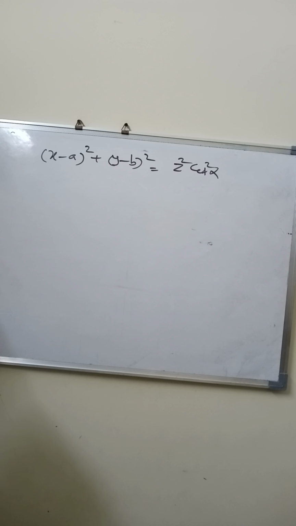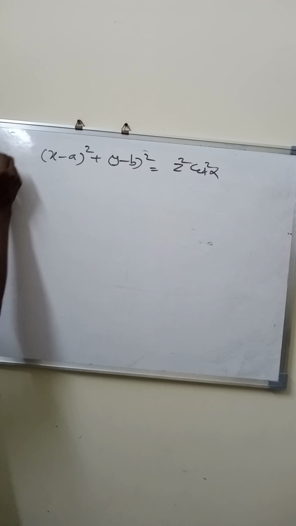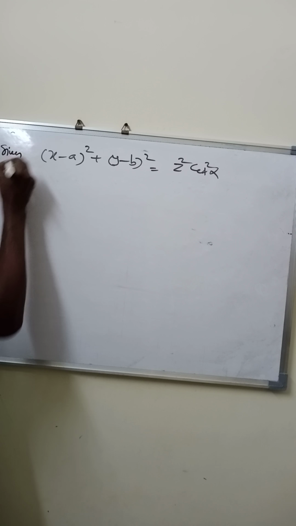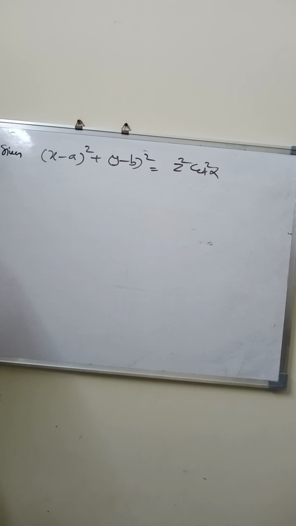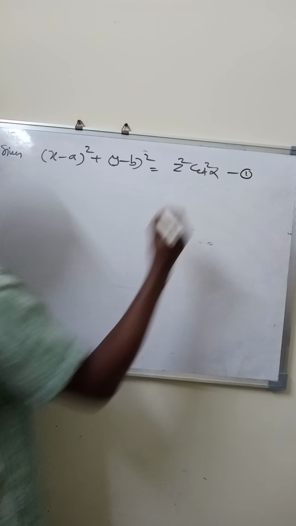The arbitrary constants are a and b. Now, the given equation is x minus a the whole square plus y minus b the whole square equal to z square cot square alpha, where alpha is a constant. The arbitrary constants are a and b. You can denote this equation as equation number 1.